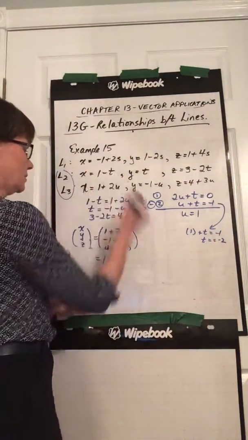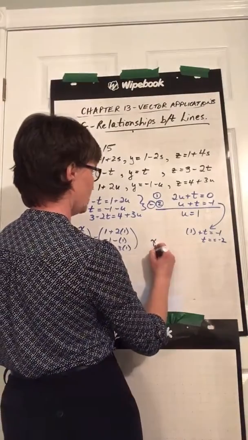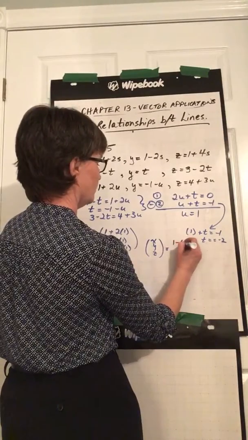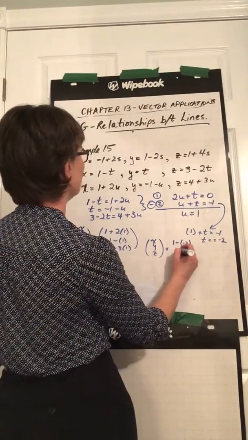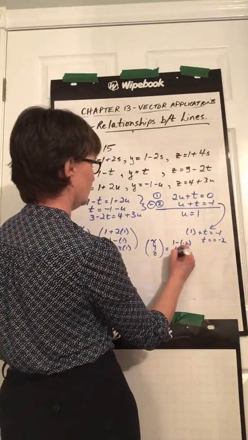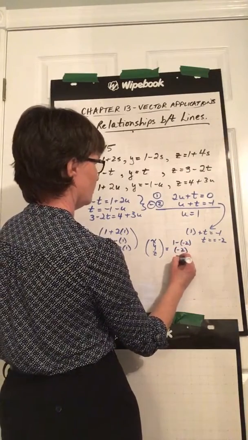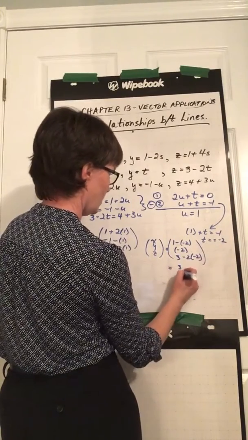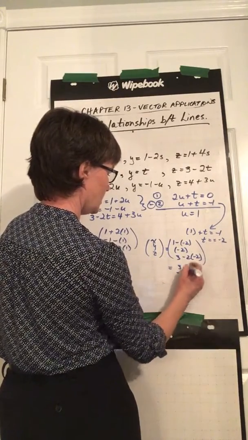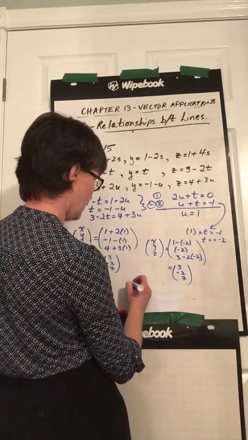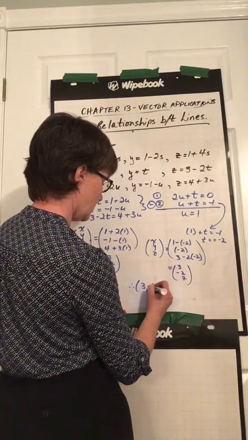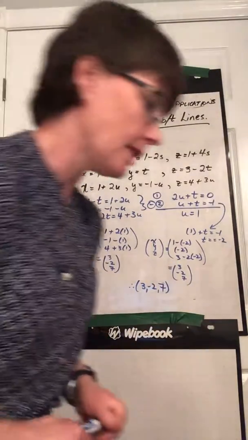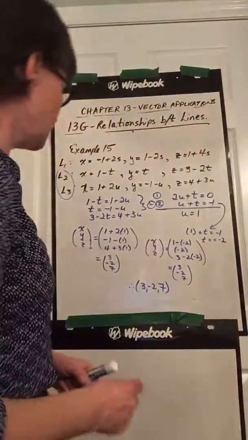And let's just check t then, just make sure it's the same answer as this one. 3, -2, 7. Yeah, so that point of intersection is here in that ordered triplet: 3, -2, 7.